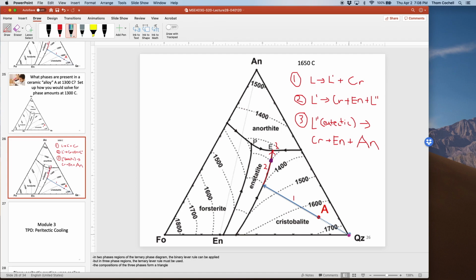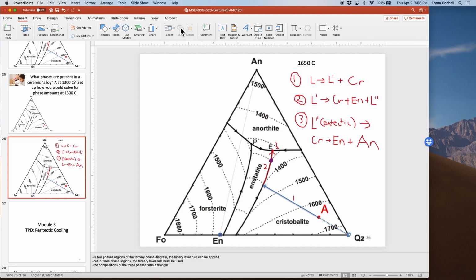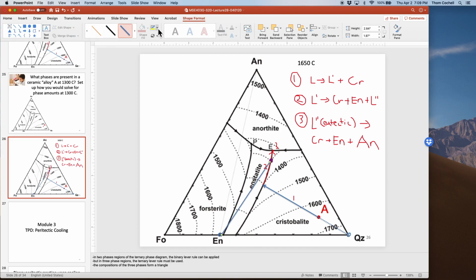So let me highlight those. So this is one composition, and then we have a composition here, and then also here. So that's going to be our triangle that we use for these calculations. So let me draw that out for you. So if I connect those dots that we just made, and let me make those red.